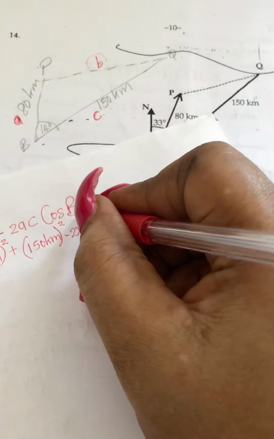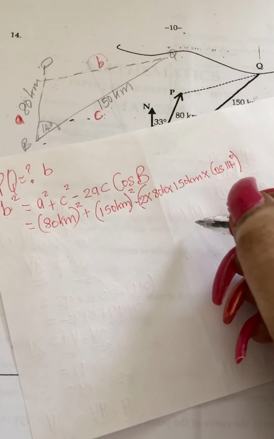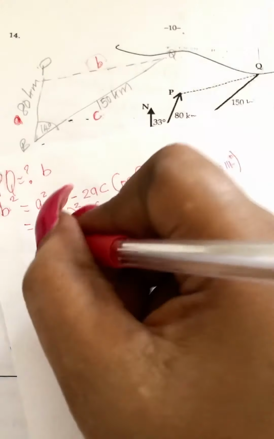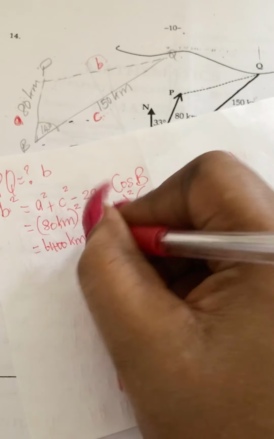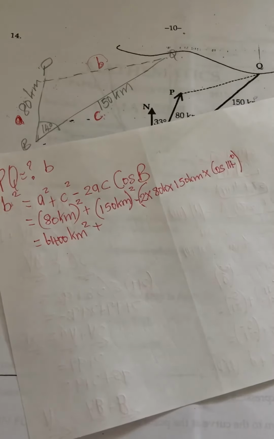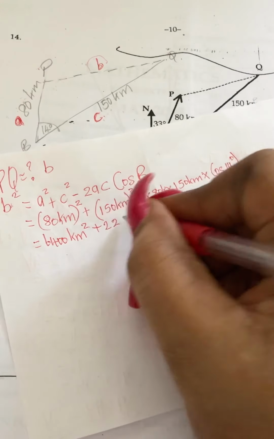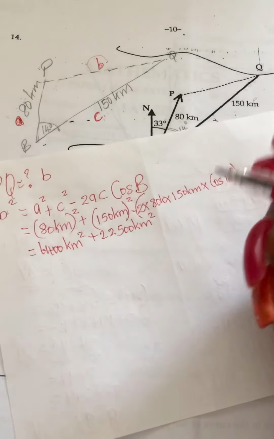Good. So we have a number of things we're looking at here. 80 multiplied by 80, 6,400. 150 multiplied by 150, 22,500 km squared.